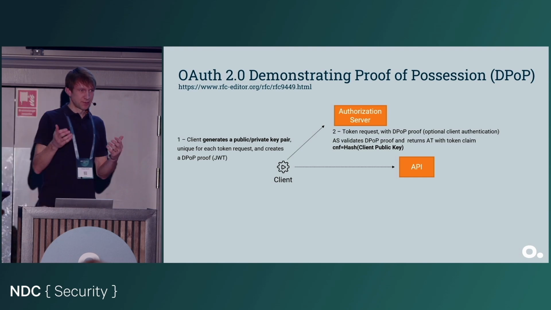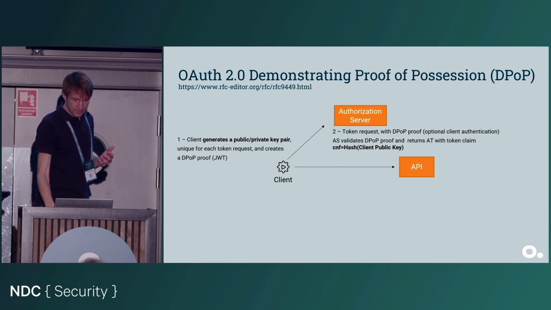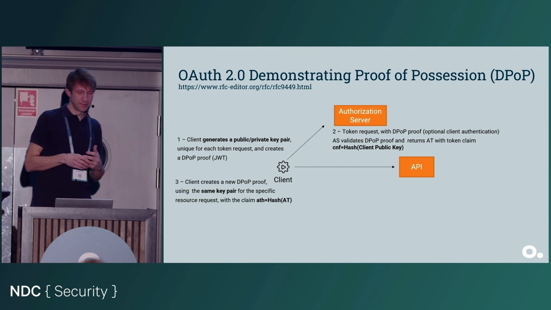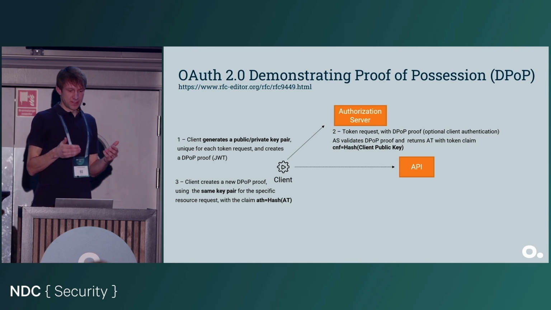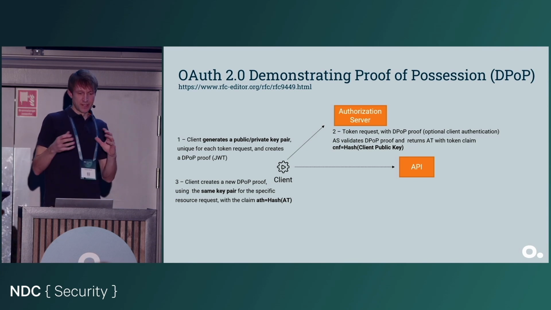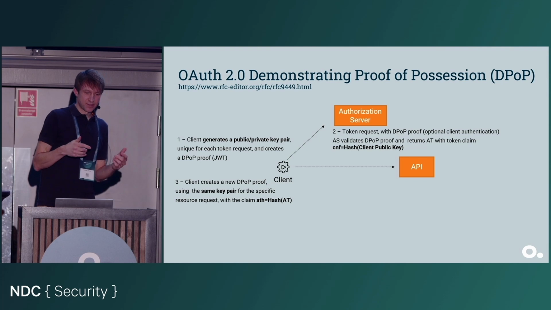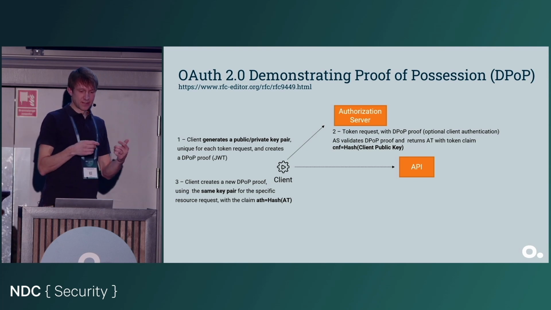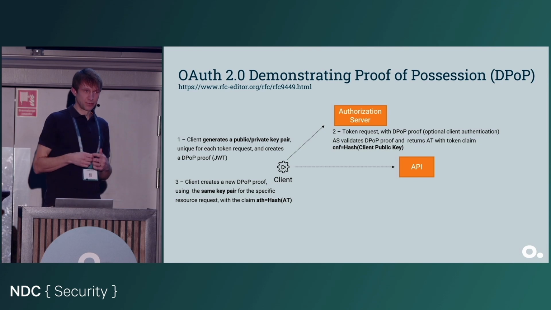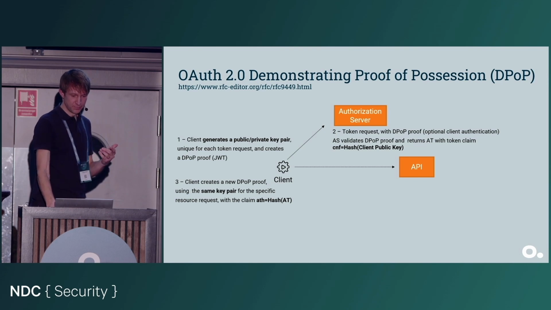So it's quite similar. And then using the same key pair, the client can now create a new DPoP proof, but now it's tied to the request to the resource server, and it also embeds the hash of the access token in that, and then it sends both those JWTs to the resource server, both the access token, which is just a normal access token with the CNF claim, and then also the DPoP proof.